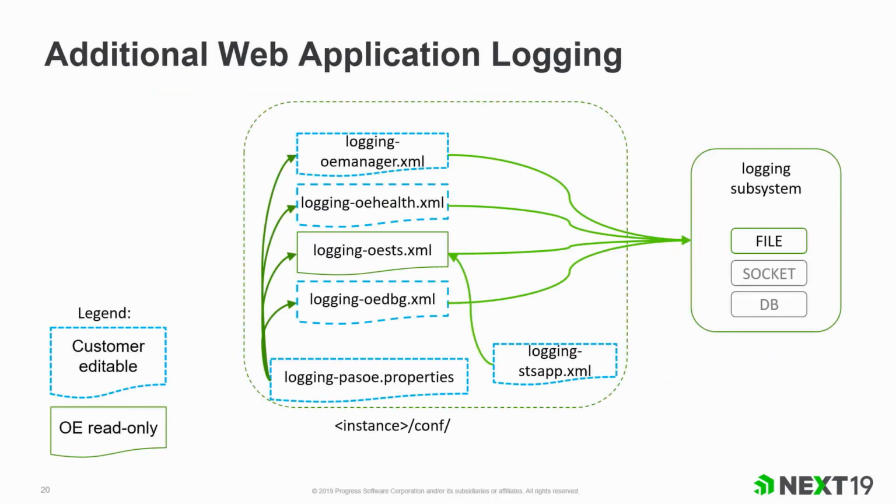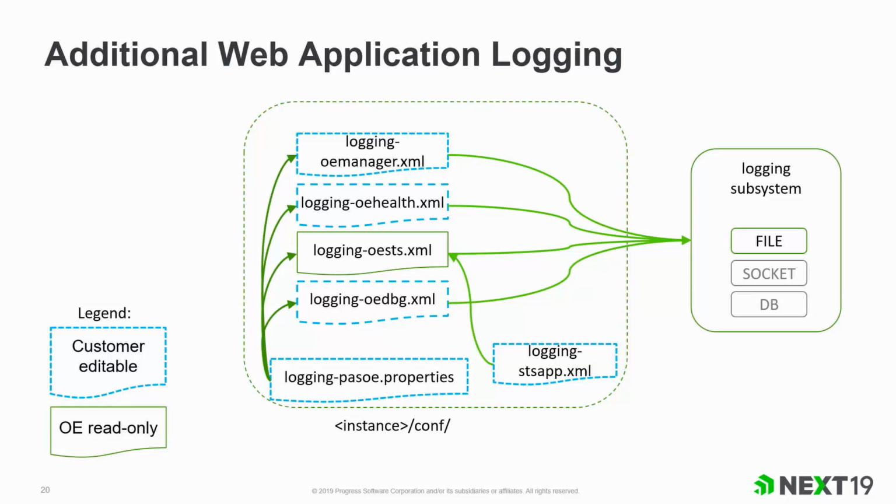Okay. So there's also that little bucket of extra web applications that I talked about. There's a log file for the OE manager. There's a log file for the health collector. There's a log file for the secure token service, one for the debugger. All of those are configured as well by logging-pasoe.properties.